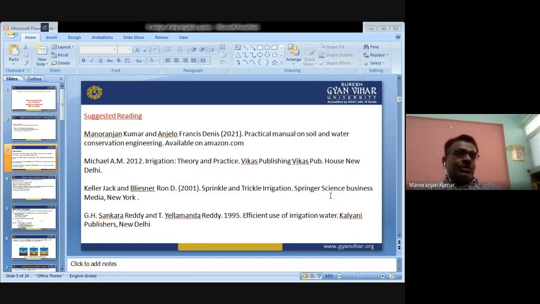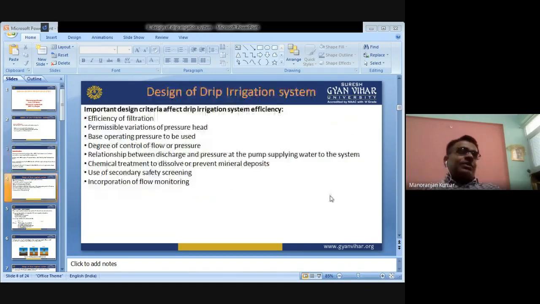And also, one more good book is Efficient Use of Irrigation Water, written by G.H. Sankara Reddy and T. Yellamanda Reddy. So these are the books which the students can refer to for this topic. So let us start with the design of drip irrigation system.